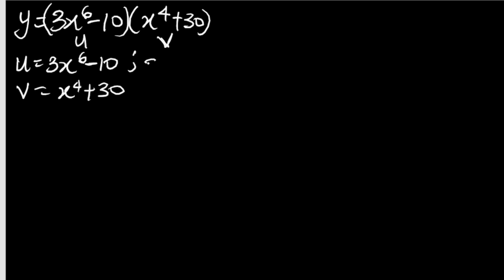We'll have to look for du, and we'll also have to look for dv. Differentiating u, the 6 will come down and multiply 3, then x raised to the power of 6 minus 1.